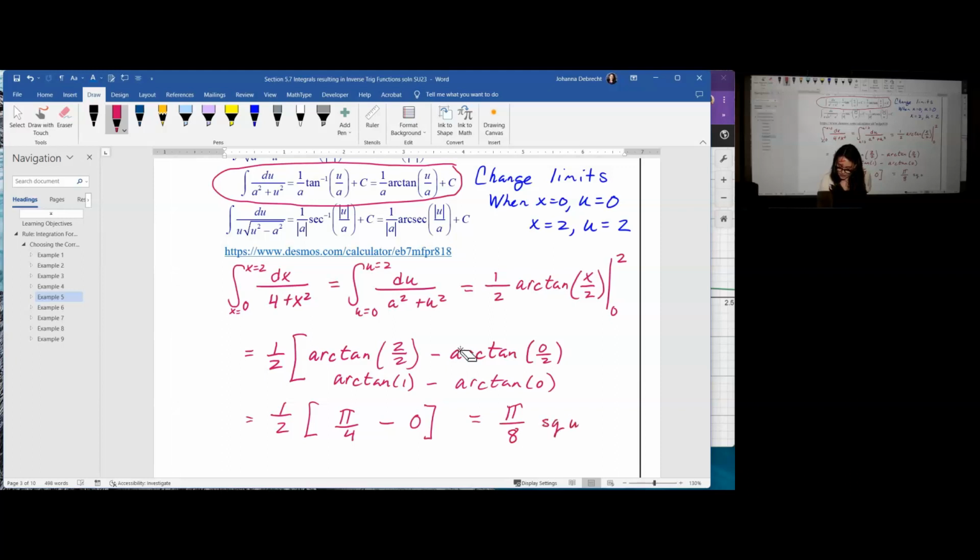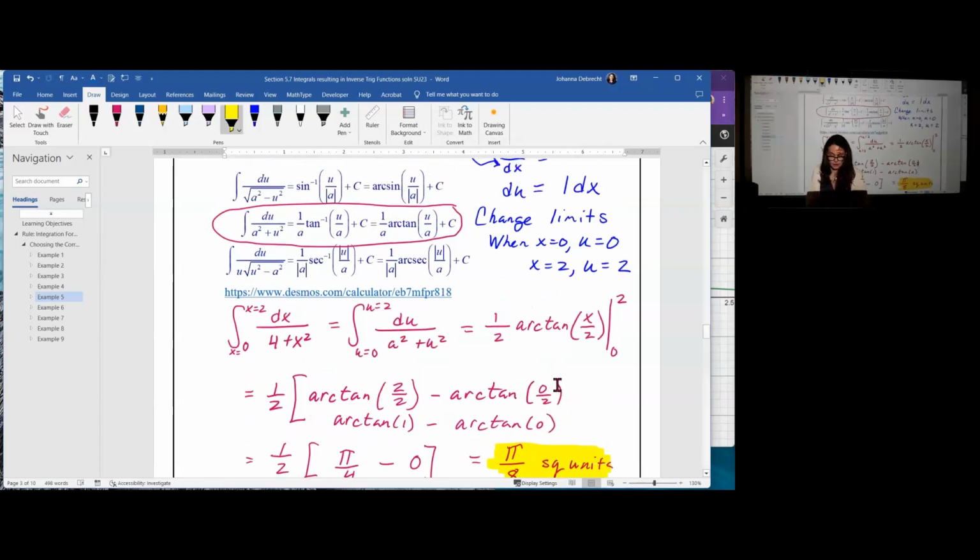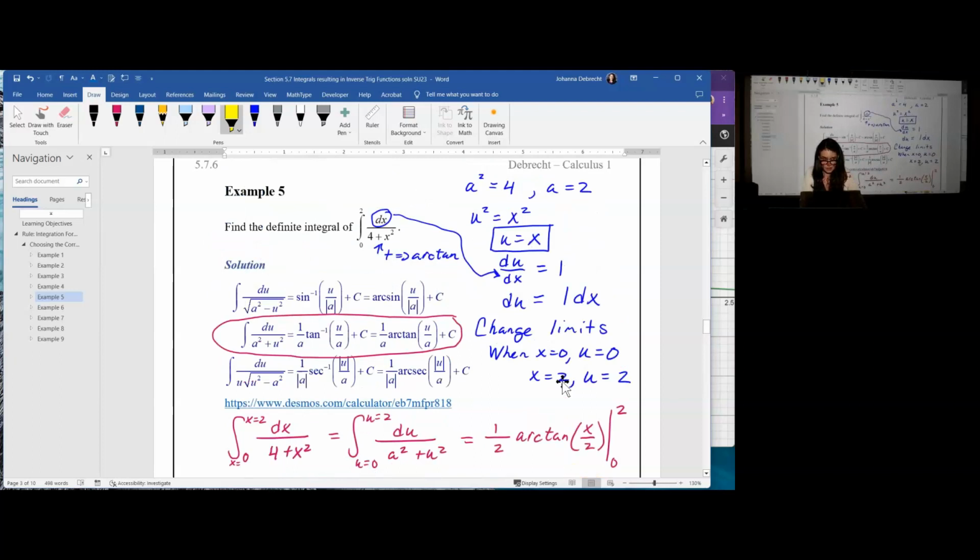This is area, so I can add square units onto it. Let's take a look at the graph so you can see what this represents. Again, we took the function 1 over 4 plus x squared, and we're evaluating the area between it and the x-axis from x equals 0 to x equals 2.